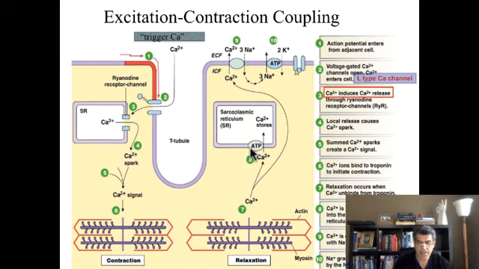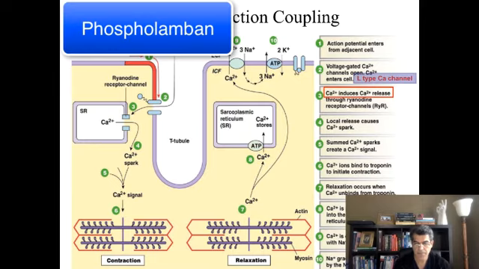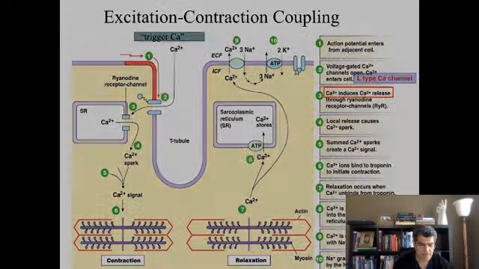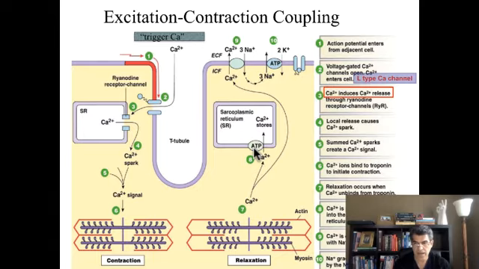And 2, it is going to activate this calcium pump. There's a protein here called phospholamban, and when it's phosphorylated by protein kinase A, it is going to activate this calcium ATPase. And by activating this calcium ATPase, more calcium is going to accumulate here, so next round you have more calcium to release.